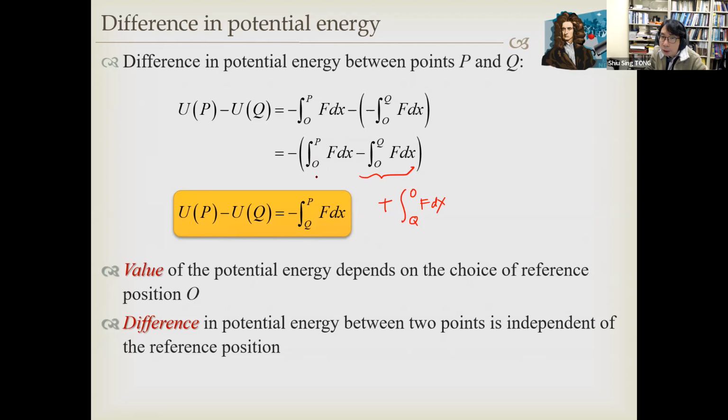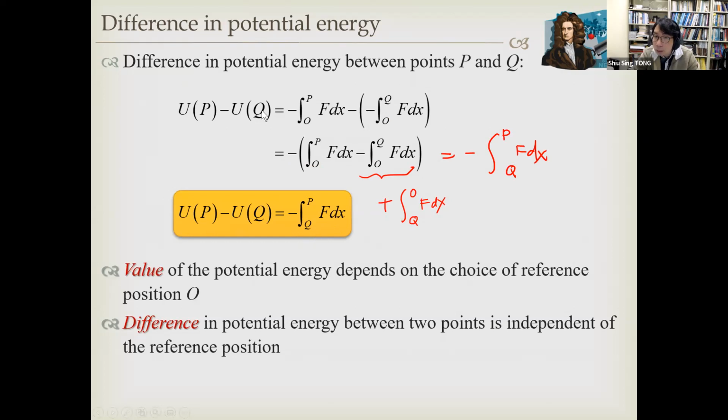So combining with the first integral, I integrate from Q to O, and then I integrate from O to P. So remember the areas add together, right? If I integrate from Q to O, I calculate the area between Q and O, and then integrate from O to P, I calculate the other area. So when the two areas combine, it becomes an integration from Q to P, because the areas simply add up, and the intermediate point will disappear. Eventually what I get from this formula is the integral from Q to P of f dx, which is this formula.